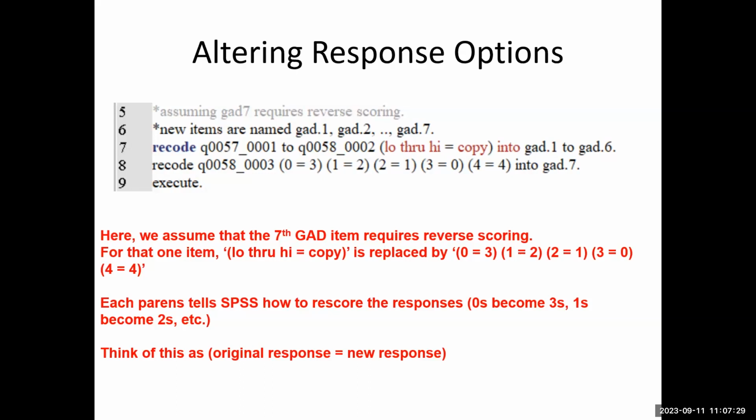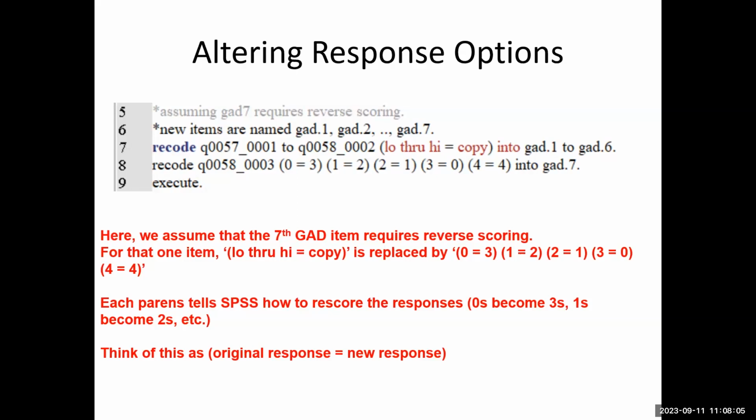And so this syntax will achieve that goal of flipping the response scale on that final item. And if you run a reliability procedure or you come across some odd results where you've got an item that is strongly negatively correlated with the other items on your scale, it might be a symptom that you missed a reverse scoring operation.